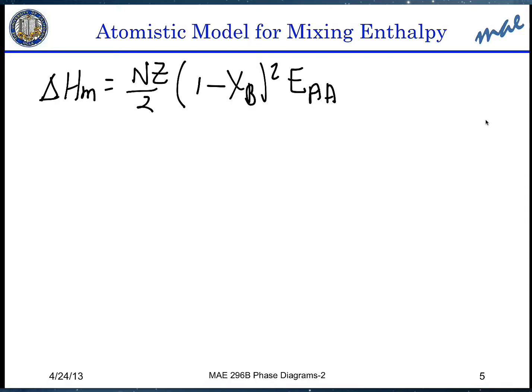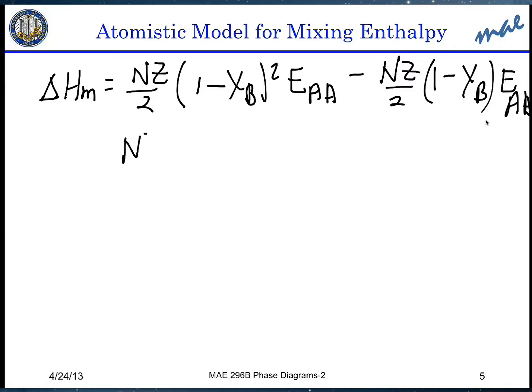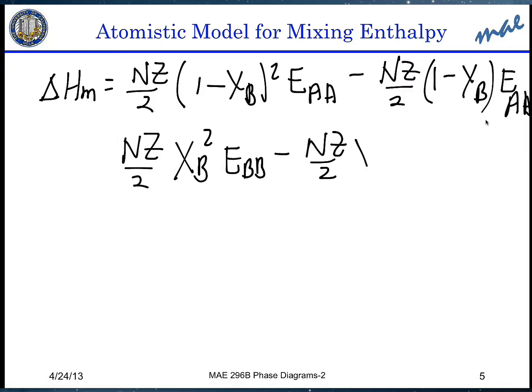In the unmixed state, I have NZ over 2 times 1 minus XB, so 1 minus X sub B times EAA. So that's the difference in the AA. And then I go into the BB. So it'd be NZ over 2 times X sub B squared EBB minus NZ over 2 times X sub B times EBB. And now we just figured out the game. So let's continue on now.